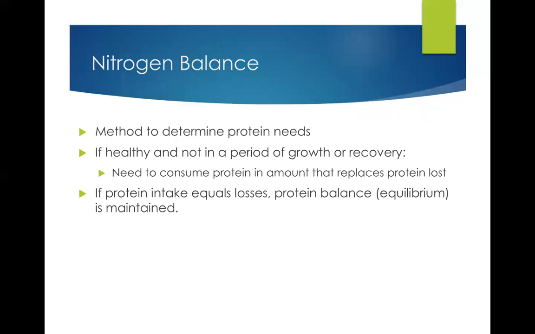Nitrogen balance. This is another way to assess somebody's protein status. Proteins are nitrogen-containing foods, and so when we eat them, we consume nitrogen. When we excrete them via our feces, our sweat, our urine, even our skin, our hair, and our nails, we're losing nitrogen. And our body cells are constantly being turned over. Our body proteins are. So nitrogen balance can measure how much nitrogen you're taking in versus how much you are taking out.